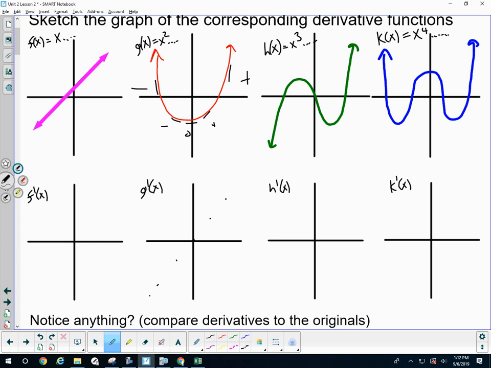Okay, cool. You guys can do that. X cubed: positive, 0, negative, 0, positive. Okay, positive, 0, negative, 0, positive. You guys could do this.